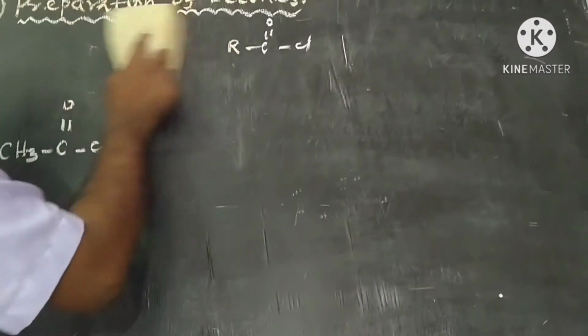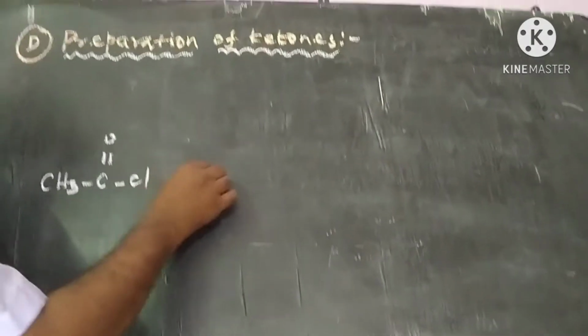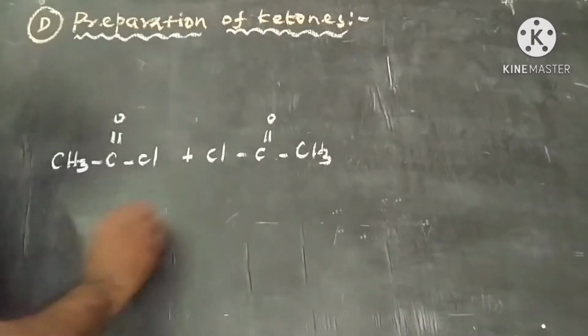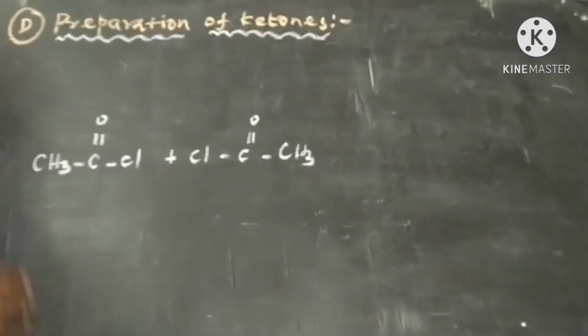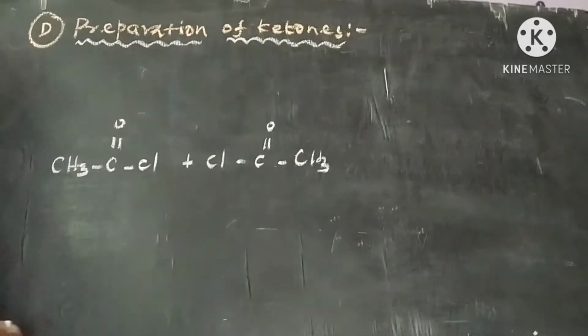Two moles of acid chloride react with dimethyl cadmium, CH3CdCH3.